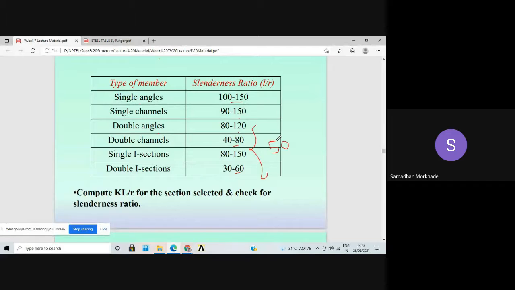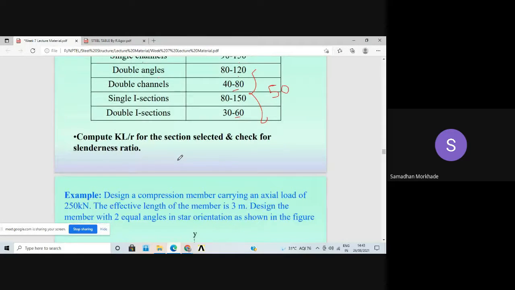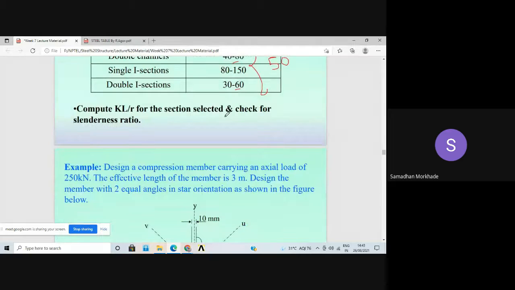With slenderness ratio 50, you will get FCD directly. And from that FCD, PD is equal to area into FCD. That PD must be more than P. The first part of the problem is over. So you have both options: either assume FCD or assume KL by r. We will solve some problems assuming both. Then compute the KL by r for the selected section and check the slenderness ratio.